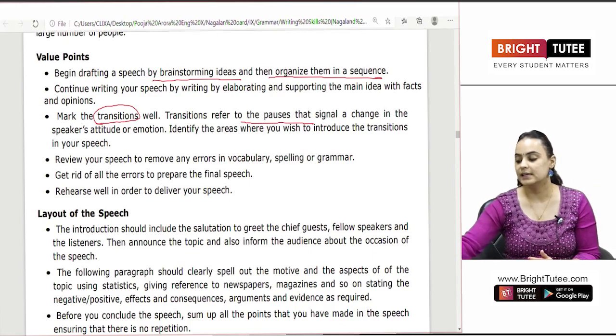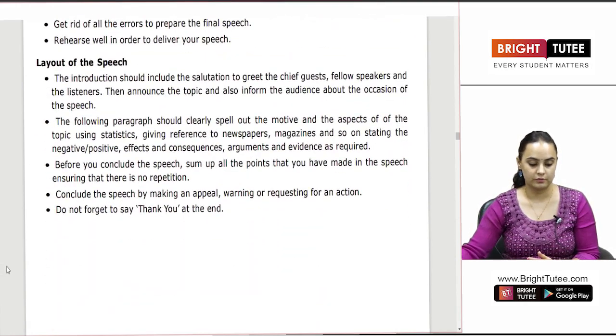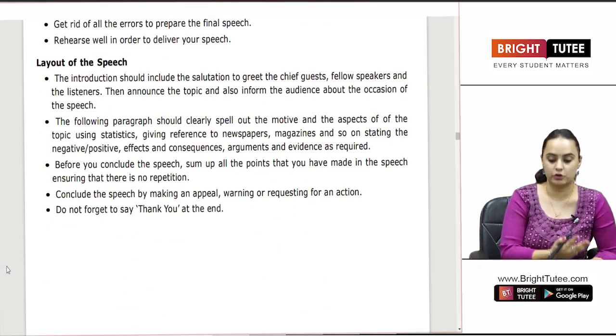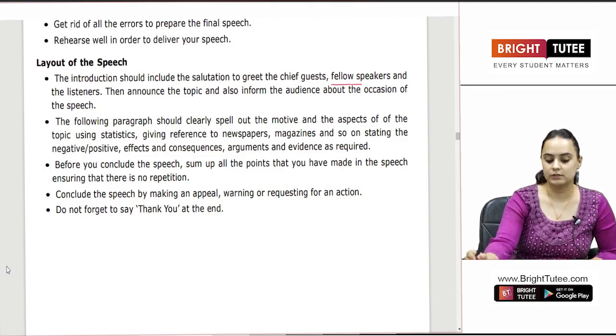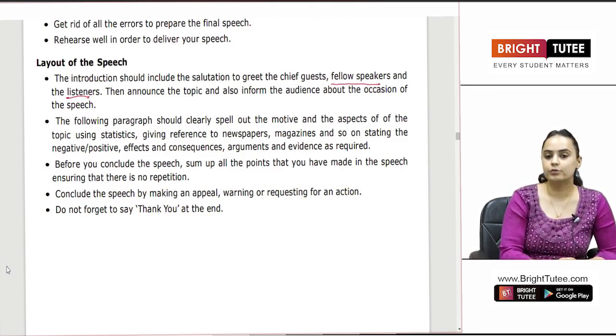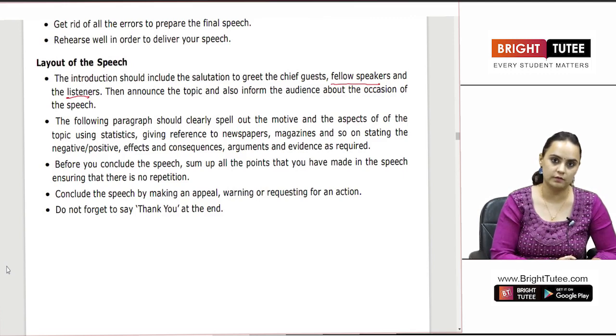Now, what is the layout? What is the structure of a speech? The introduction should include the salutation to greet the chief guest. So, when you start your speech, the introduction should be greeting your chief guest, the fellow speakers as well as the listeners. Then you have to announce the topic and also inform the audience about the occasion why you are writing the speech.